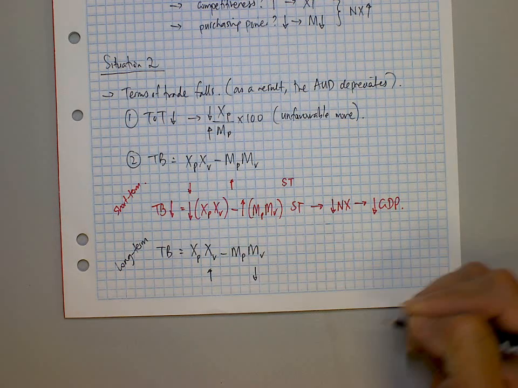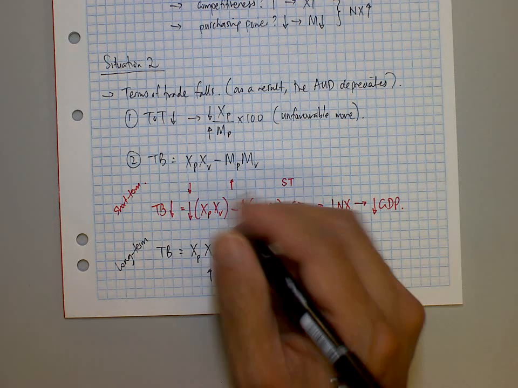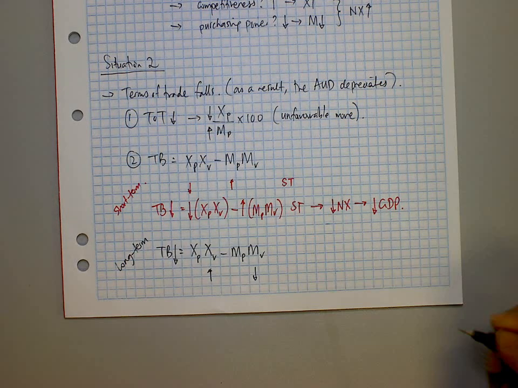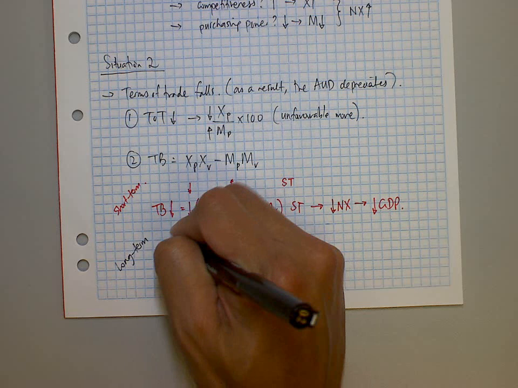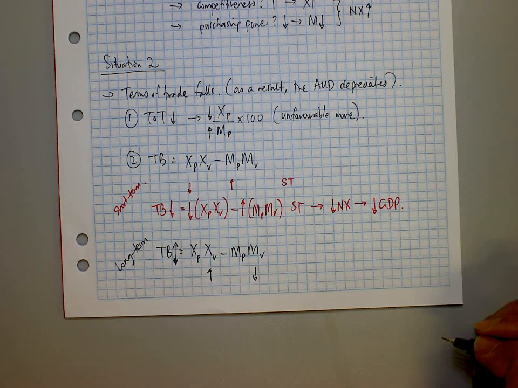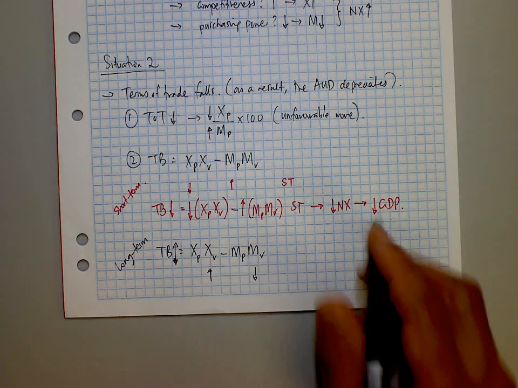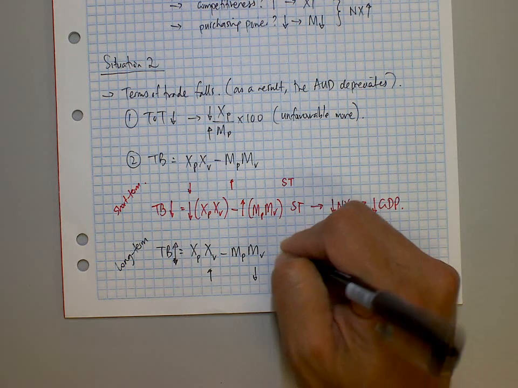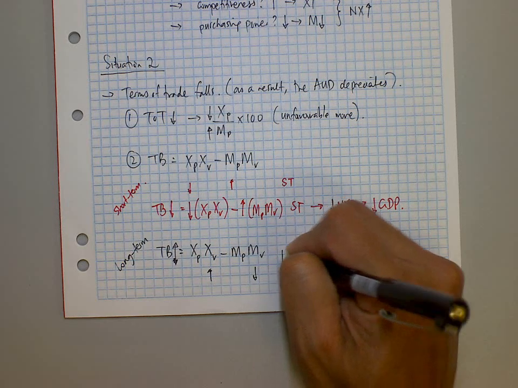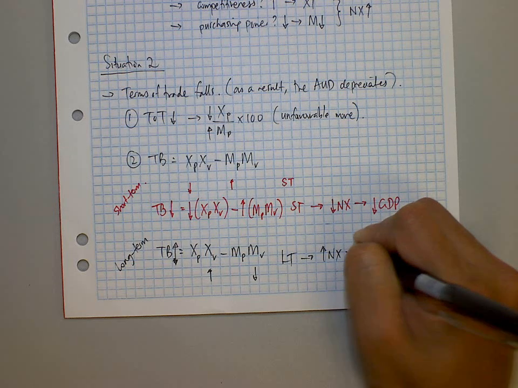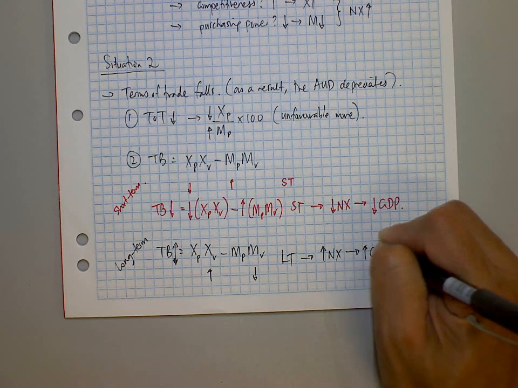So imports become more expensive, import volumes go down, and that results in a decline in the trade balance. Oh, oops, one second, increase. Yes, an increase of the trade balance. Okay, so the left side goes up, the right side goes down, the trade balance goes up. So you can say in the long term, net exports goes up, and that results in an increase in GDP.